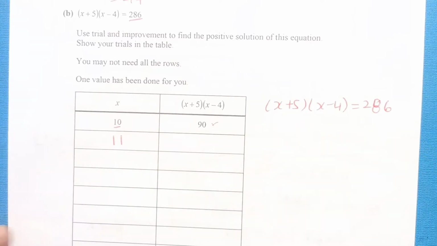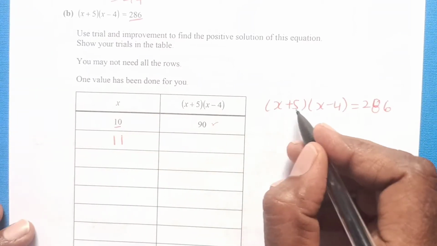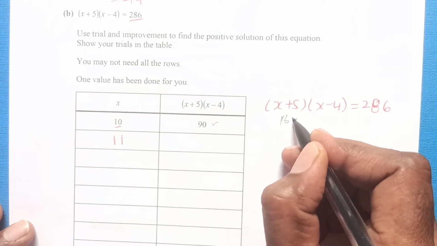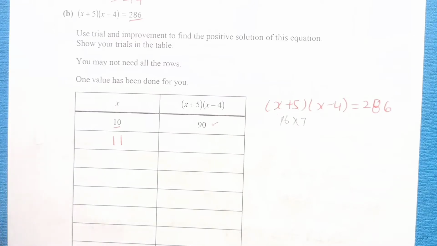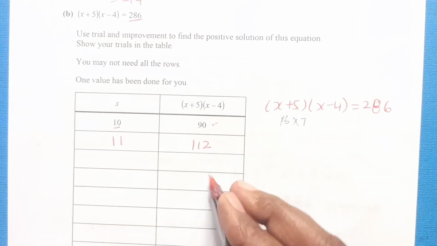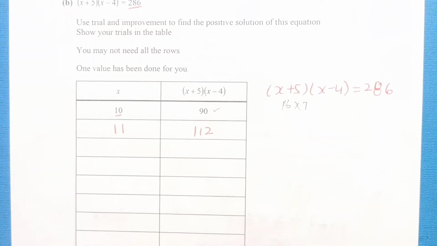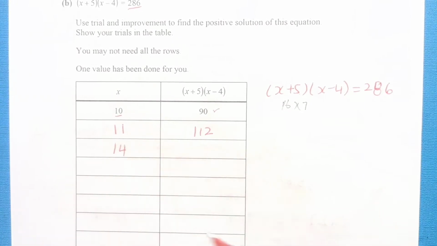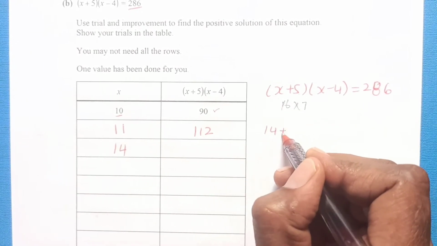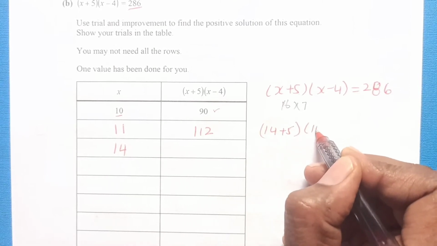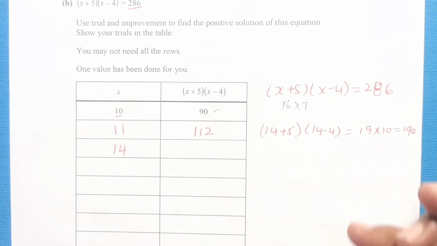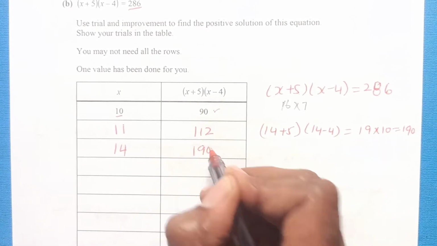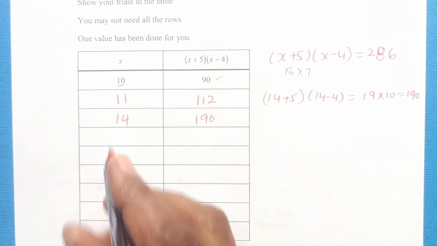If we are taking 11 here, 11 plus 5 is 16, times 11 minus 4, that is 7. So 16 times 7, we are getting 112. Right, again it is quite low. So let me increase a bit. Let's take 14. So that means it is 14 plus 5 times 14 minus 4. This is 19 times 10, 190. Again it is very low. So let's take 16.